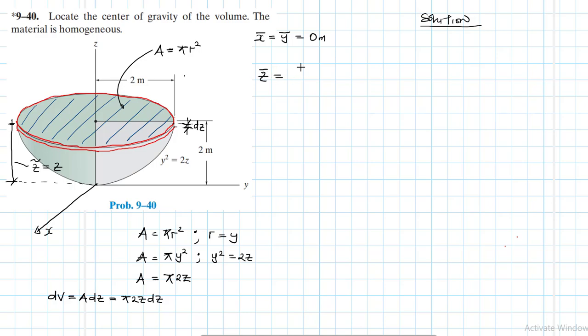z bar will be equal to the integral of this z curled dV divided by the total volume dV, and we are integrating with respect to the z-axis, so this will be from 0 to 2. So z bar is equal to the integral from 0 to 2 of z curled, the centroid axis for this small disk, which is z, times dV.